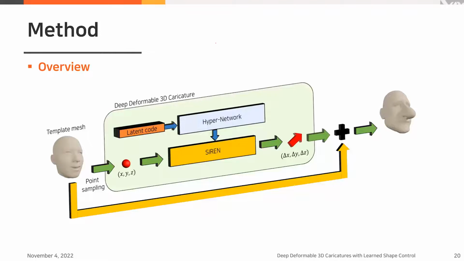So you can simply think of this as a generator that samples the latent code from the Gaussian and produces some kind of output.